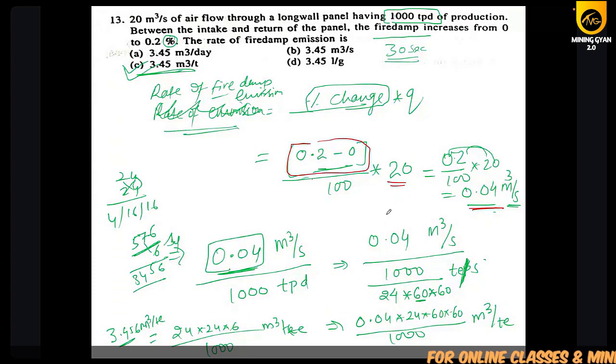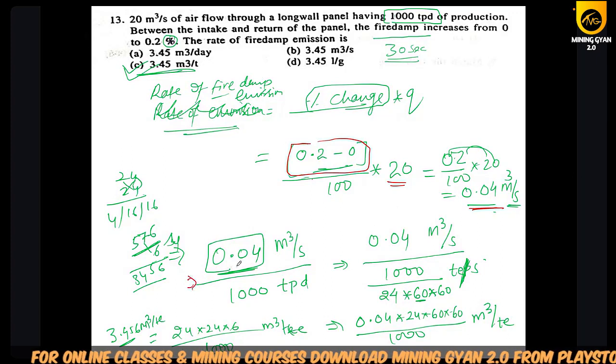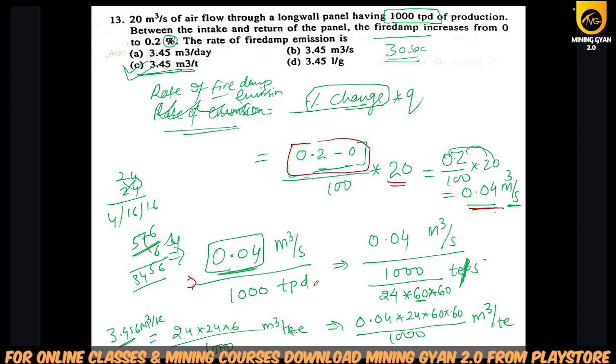Now you have to convert it, because we need the answer in different units. If this were in the answer options you could tick that one, but we are not getting that answer. So now you have to convert your units. 0.04 meter cube per second, and the 1000 per day you have to convert into per second. First convert 1000 into hourly, so it is 1000 divided by 24.